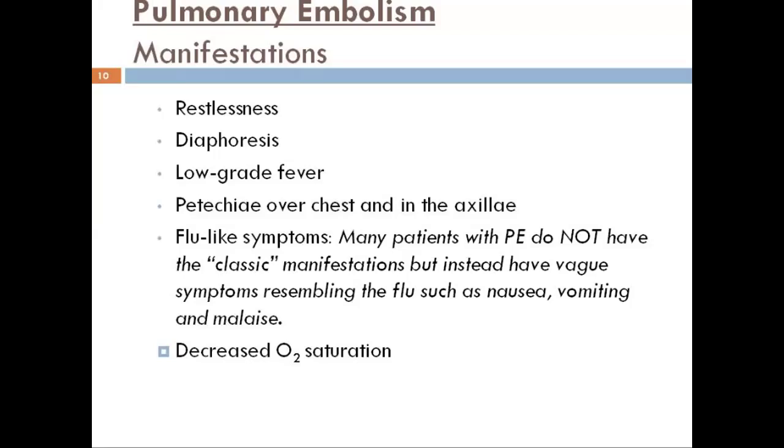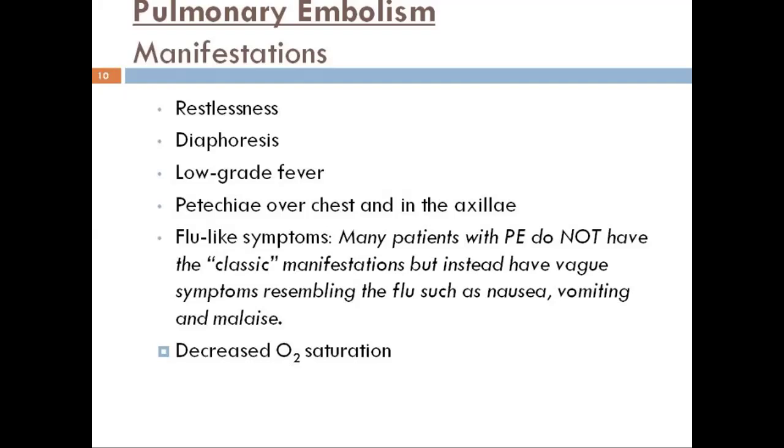So you may see the person having flu-like symptoms. Many patients with pulmonary embolism do not have a classic manifestation, but instead they have vague symptoms resembling the flu, such as nausea, vomiting, and malaise.